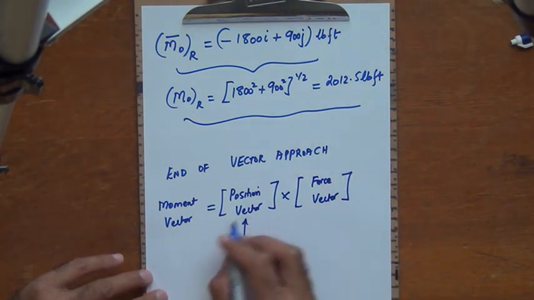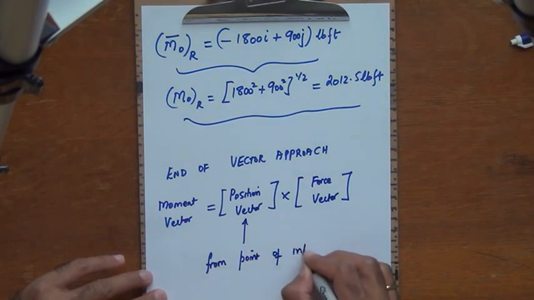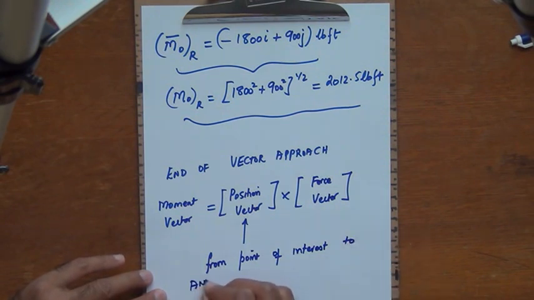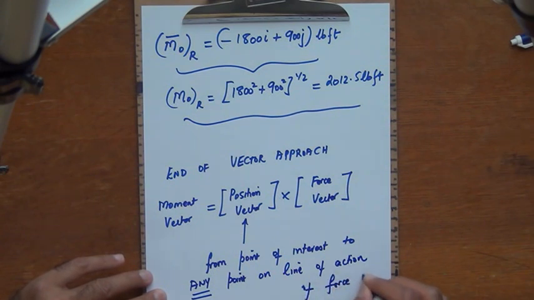Position vector is taken from point of interest to any point on the line of action of the force.